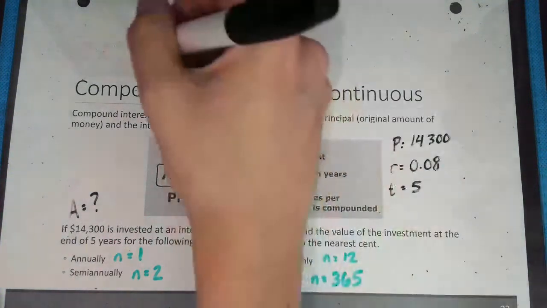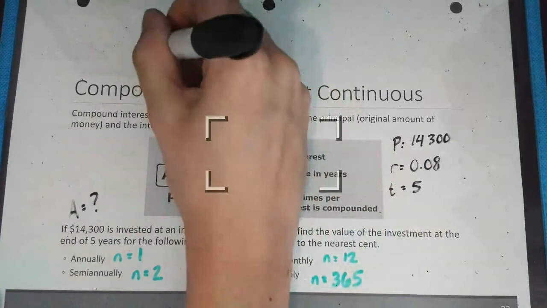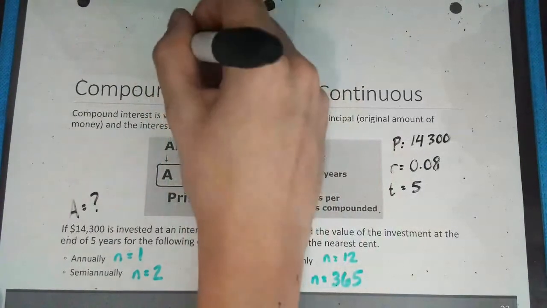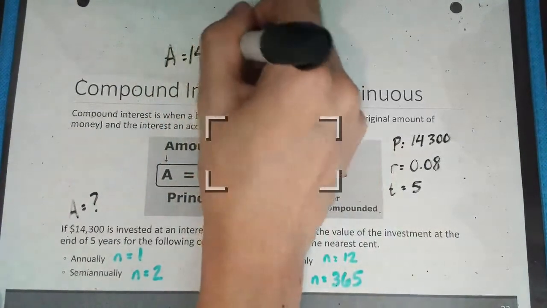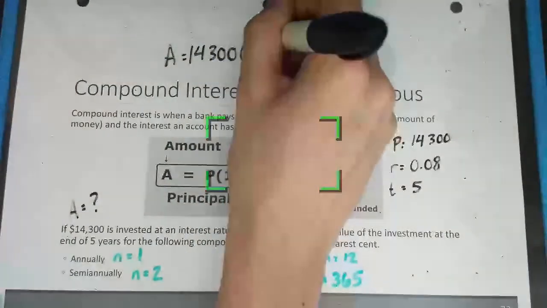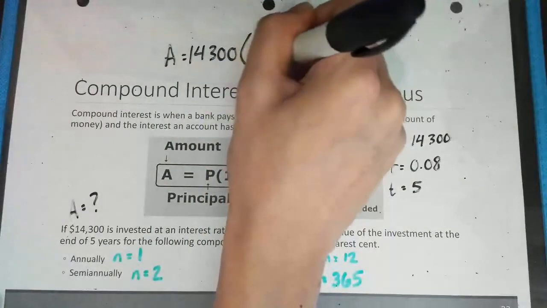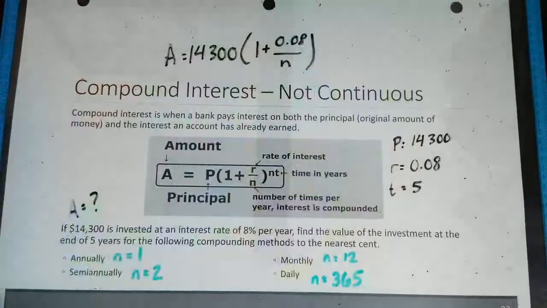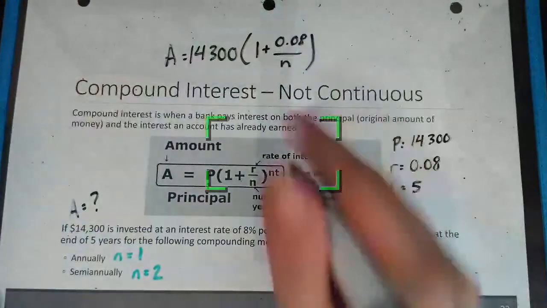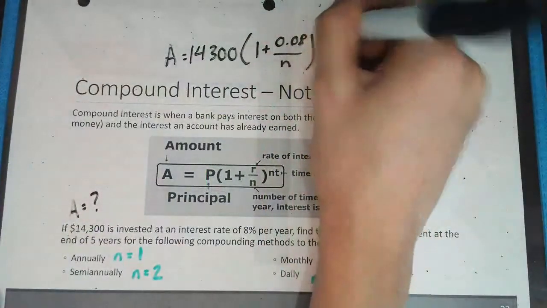So how this is going to look is A is equal to 14,300 times (1 plus 0.08 over whatever N value we have), raised to the N times 5, which I can write as 5N.